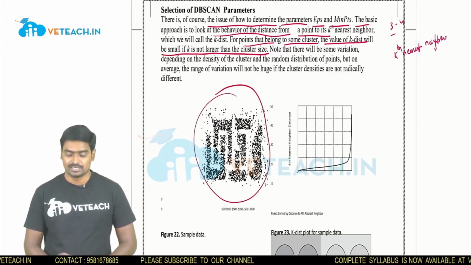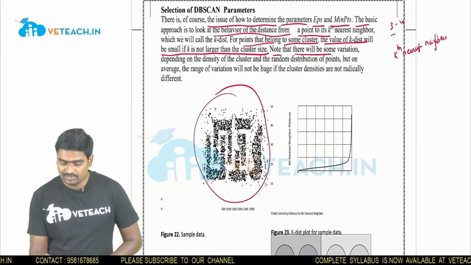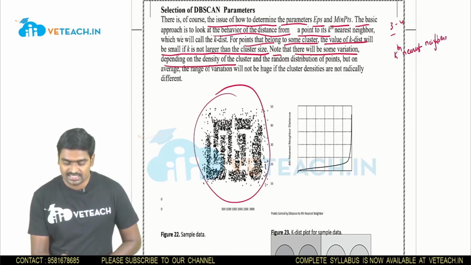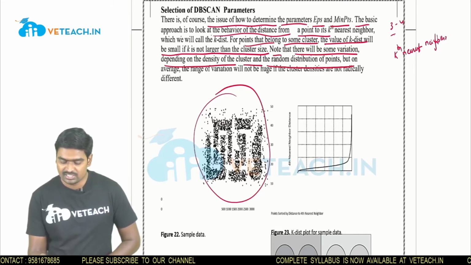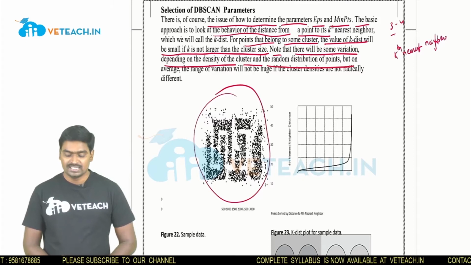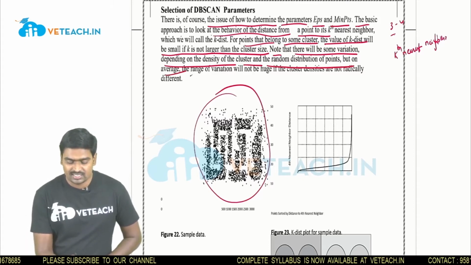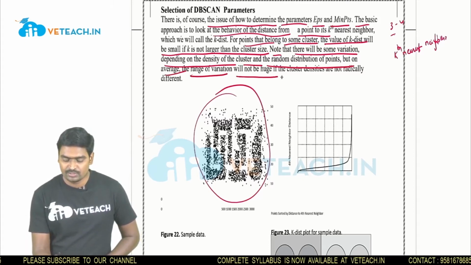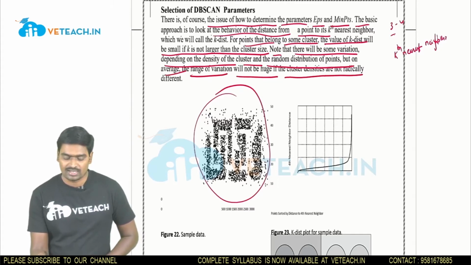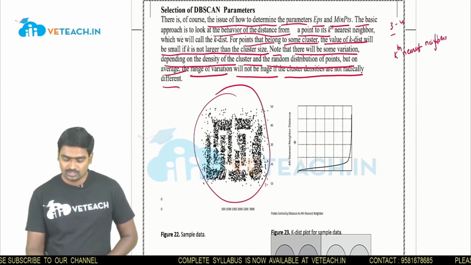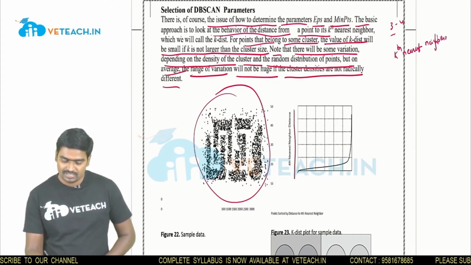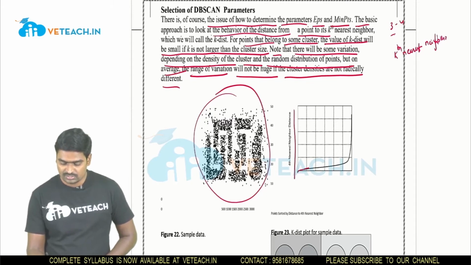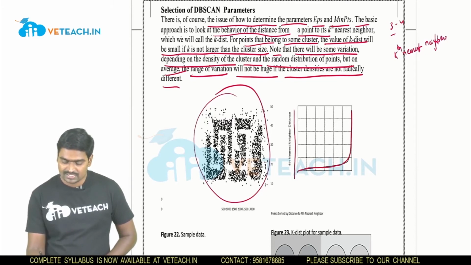Note that there will be some variation depending on the density of the cluster and the random distribution of points. The average and the range of the variation will not be huge if the cluster densities are not radically different. This is the parameter we are passing here.